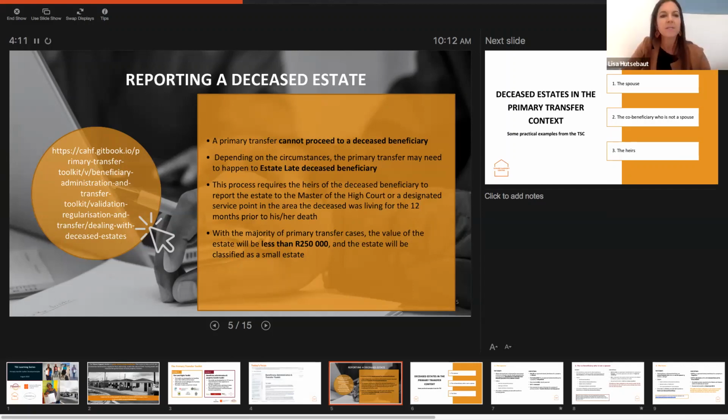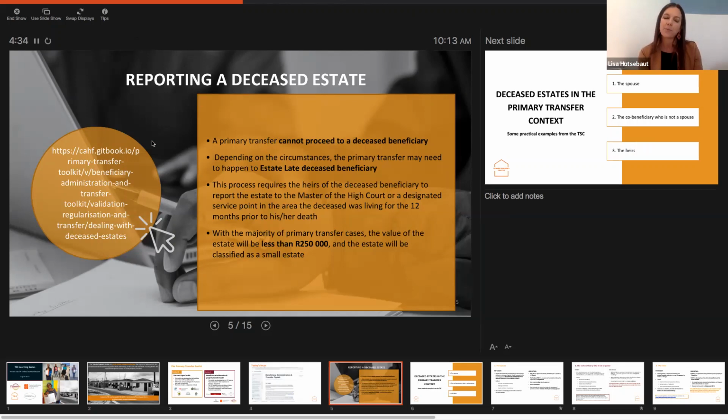Okay, so you'll see there we've put the link in that circle to the part of the toolkit which sets out in a very nice, simple way how a deceased estate needs to be reported. So by law, every deceased estate should really be reported, but we know that that is not always what is happening.